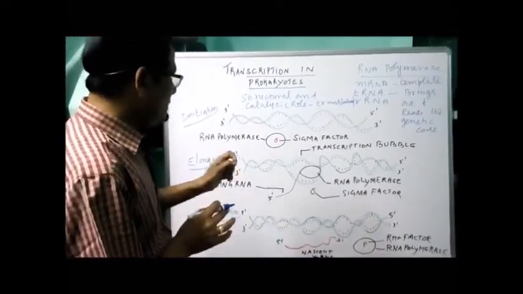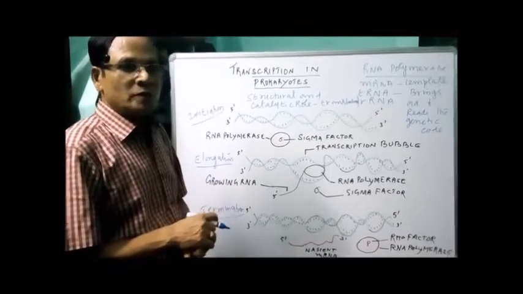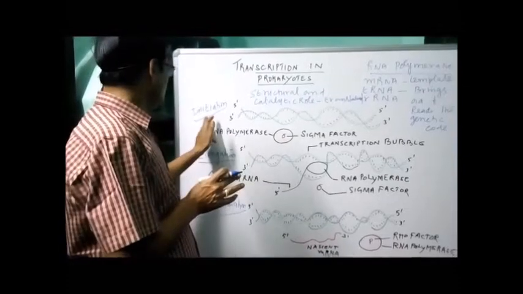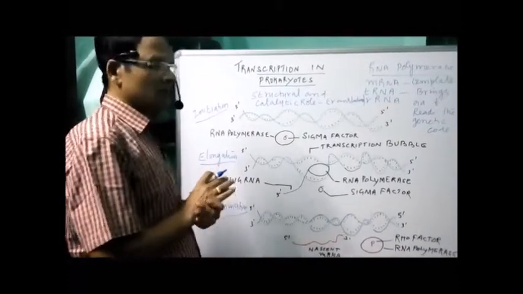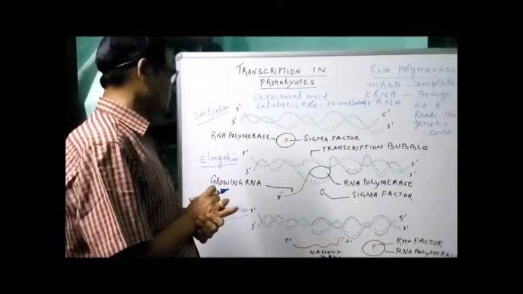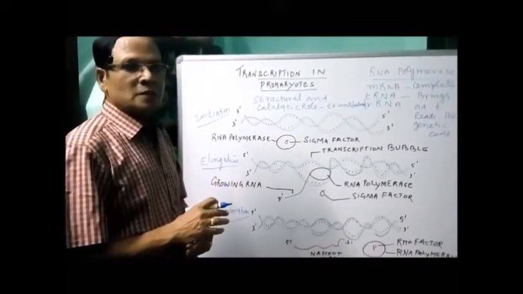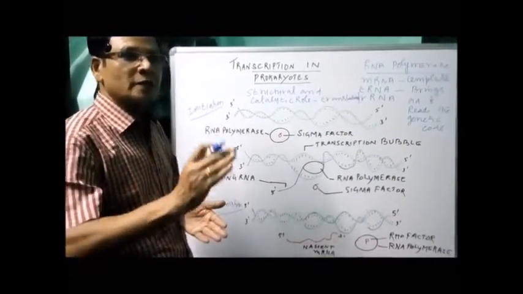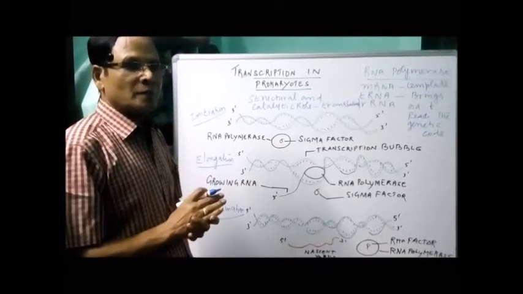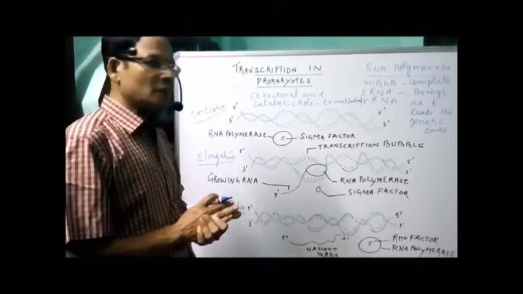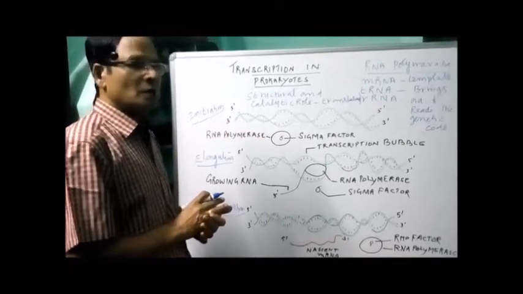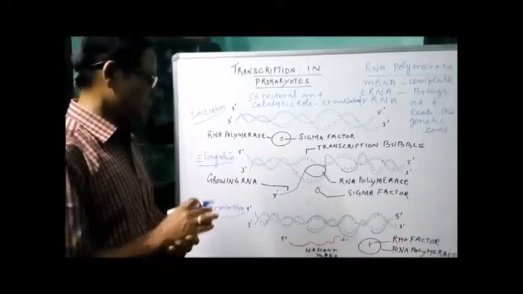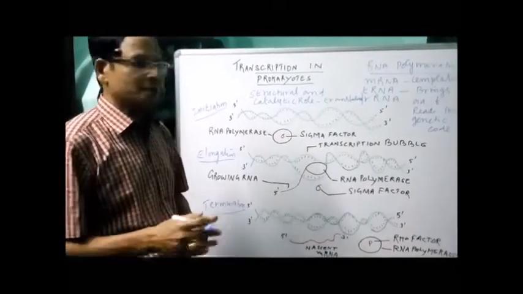Now, we have only a single RNA polymerase. How does the single RNA polymerase do the activity of initiation, elongation and termination? That is one question. You know that the RNA polymerase has only the ability of elongating the RNA by polymerization process. It cannot have the ability of initiating or finishing or terminating the process of transcription to relieve the newly formed mRNA from the DNA.